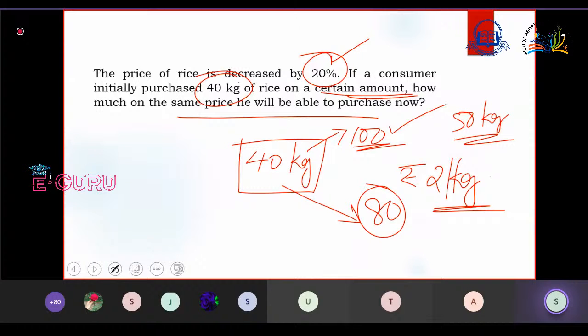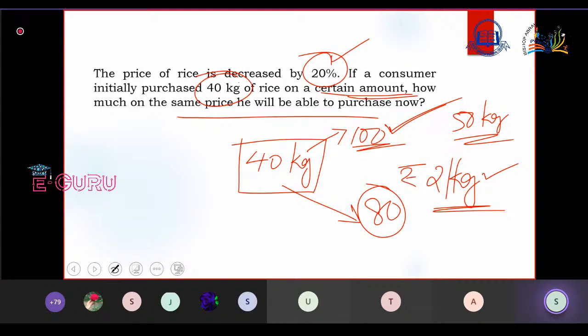We need to find out how much on the same price he will be able to purchase now. So the current price is rupees 2 per kg and the amount which you are having is 100. So if the price is 2 per kg, for 100 rupees you can buy 50 kg, right? 100 by 2, that means 50 kg rice you can purchase.